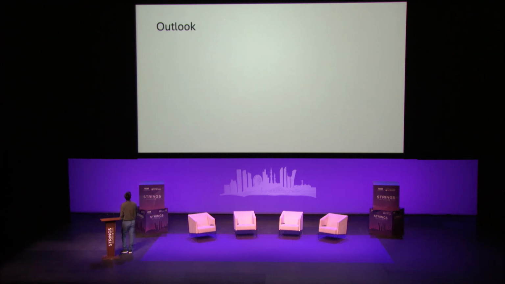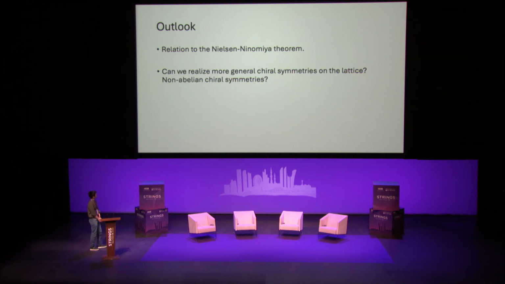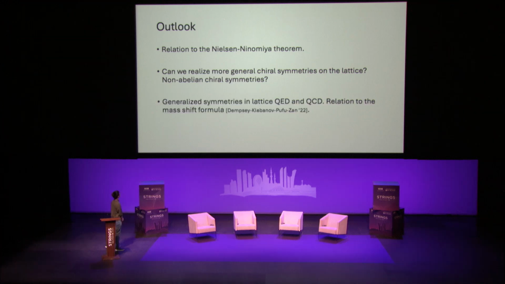There are several outlook future directions to better understand the Nielsen-Ninomiya theorem. And can we realize more general chiral symmetry on the lattice? For instance, non-abelian chiral symmetries. And more interestingly, related to Clay's talk, do we have some hidden symmetries in lattice QED and QCD?